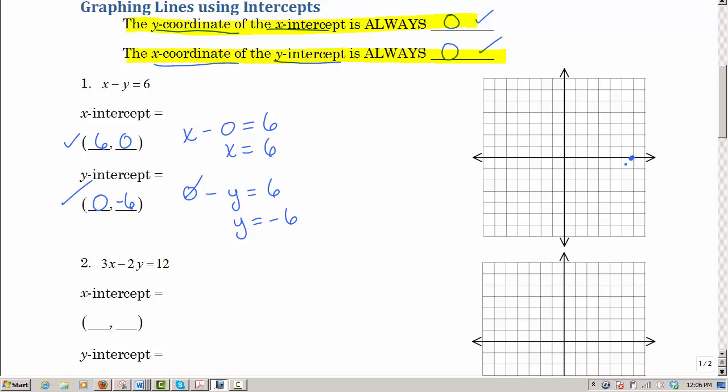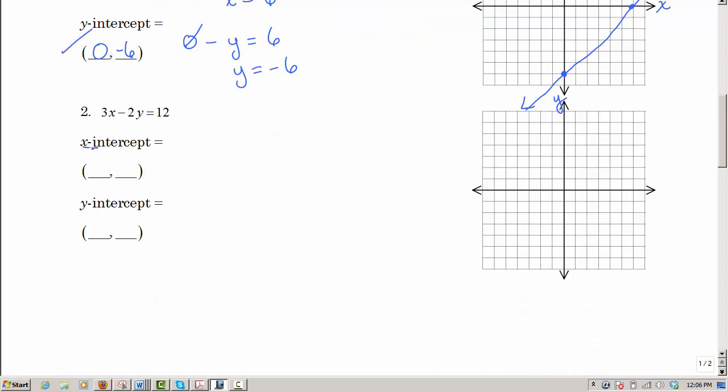So here we have the x-intercept. I'm on the x-axis. Here I have the y-intercept. I'm on the y-axis. Take a straight edge, and graph that line. Alright, so I want to find the x-intercept, meaning I want to find the x value. I know y is 0.